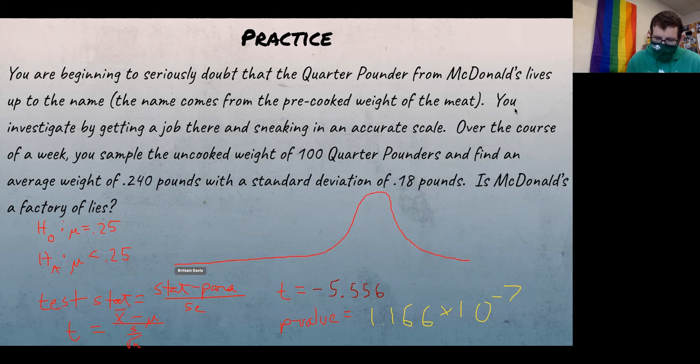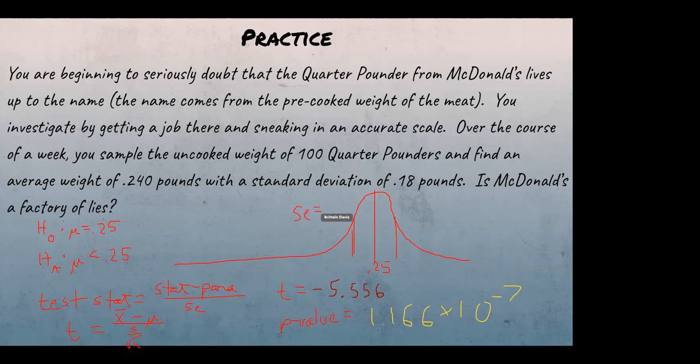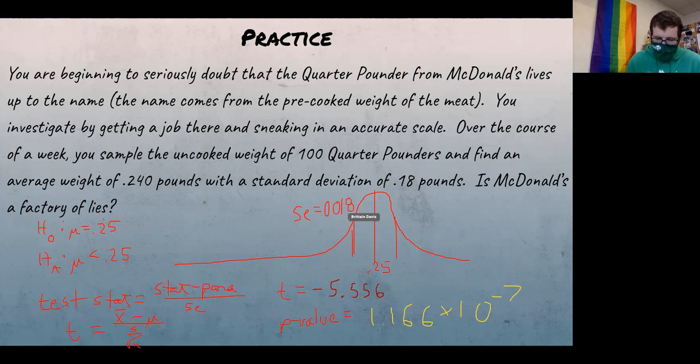Our mean that we are assuming to be true is 0.25. It turns out that our standard error for this distribution is 0.0018. I'll just put the standard error off to the side. And with that, we're going to have to go all the way down to -5.5.